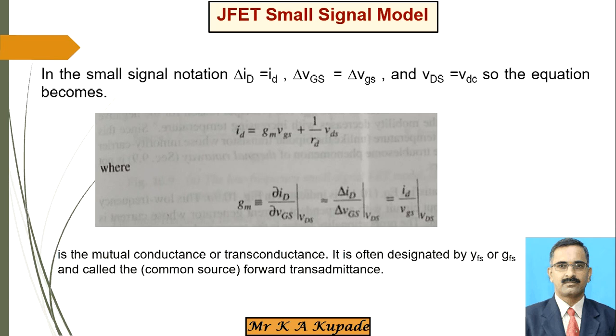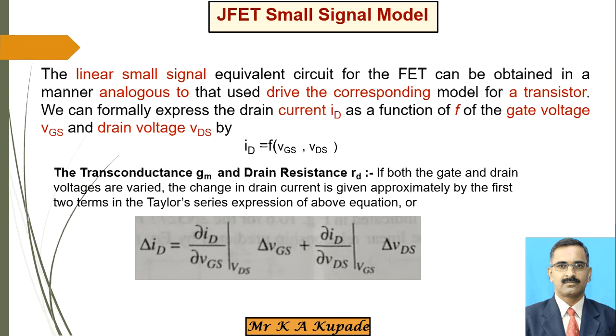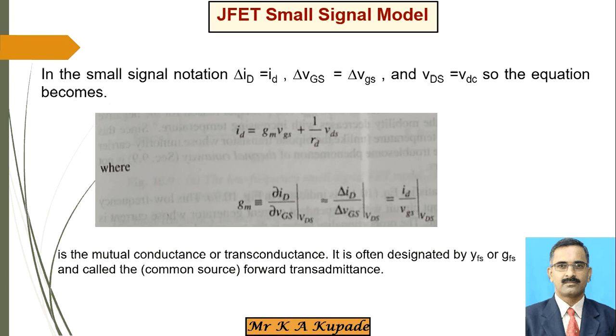It is the transconductance. This equation is a function of both voltages and has the signal notation, the modified form, and it gives the mutual conductance or transconductance of that circuitry.